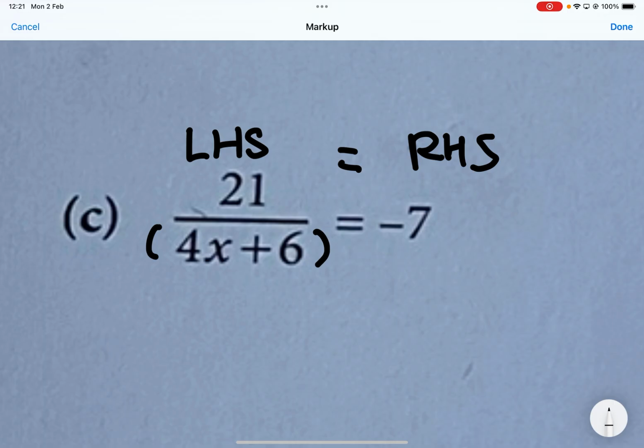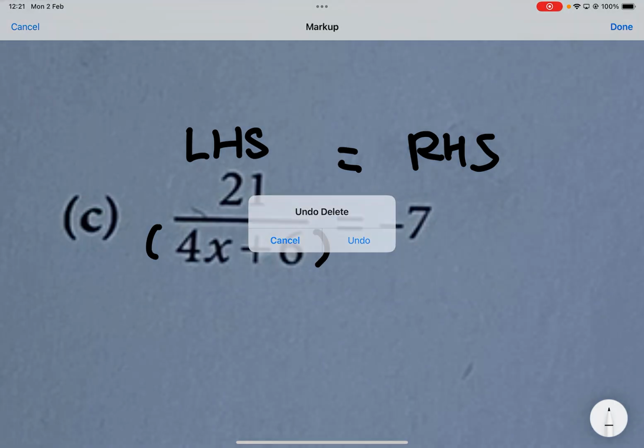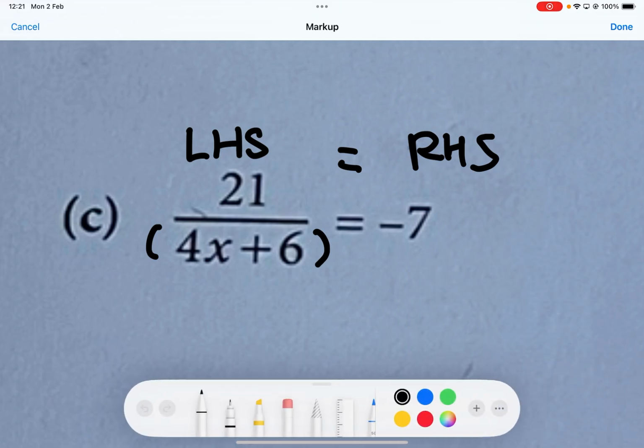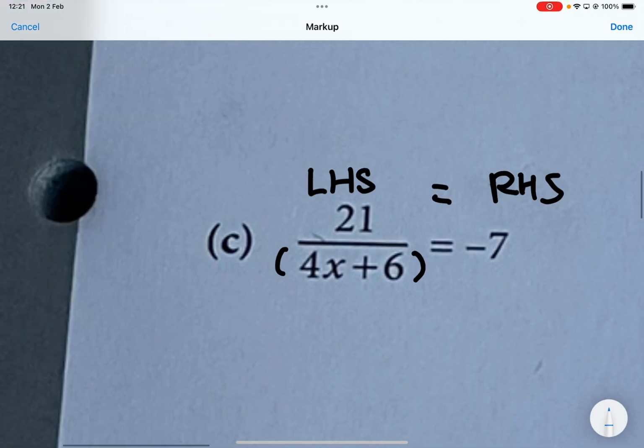Okay? If I look at this one, my x is inside the denominator. I don't want that. In my answer, my x is a numerator. So I need to make this whole denominator not a denominator, or make the left hand side not a fraction, which is why I need to multiply the entire bracket.